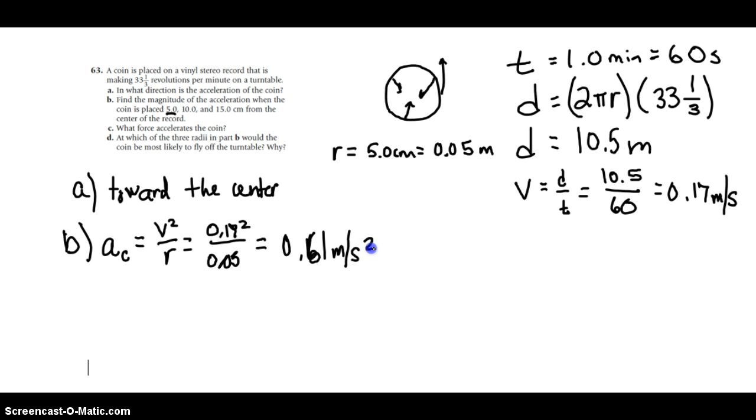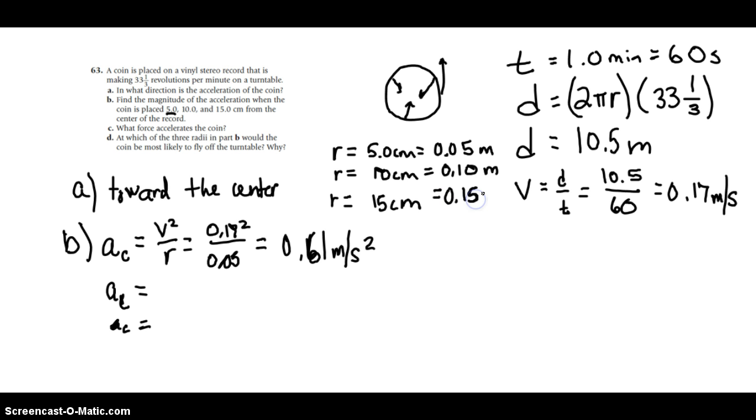Now it's the same process for finding the centripetal acceleration at 10 centimeters and at 15 centimeters. We just have a radius of 10 centimeters, which is a tenth of a meter, and we also have 15 centimeters, which is 0.15 meters.